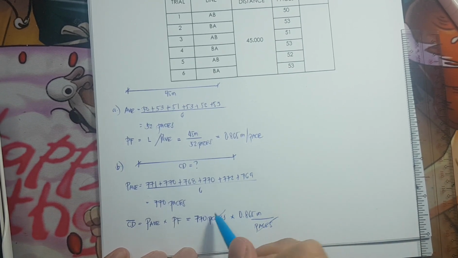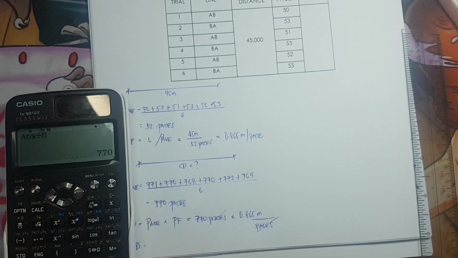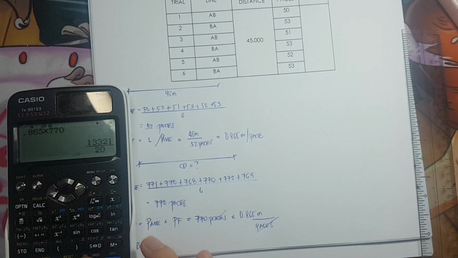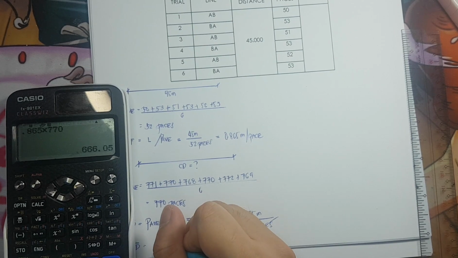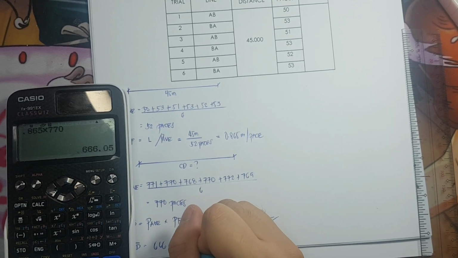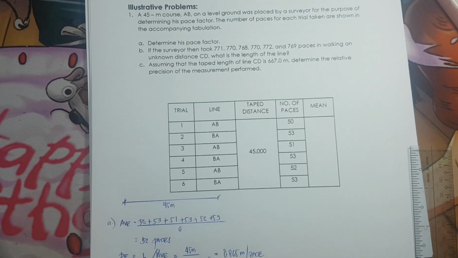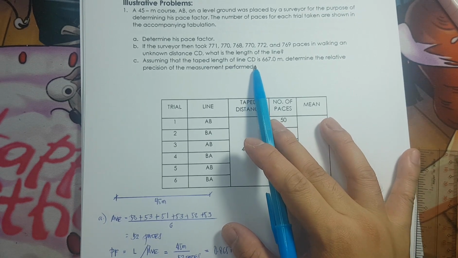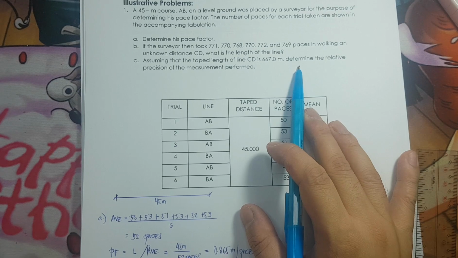So pace will cancel out. Line CD therefore is equivalent to 0.865 times 770, and that is equivalent to 666.05 meters.